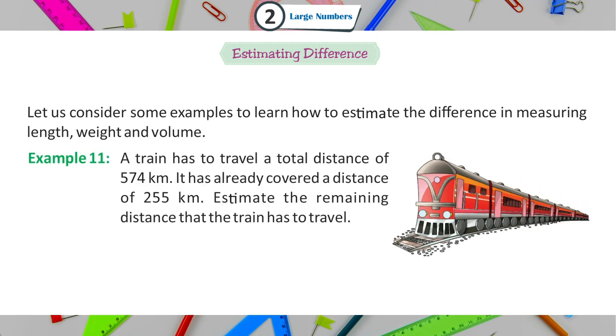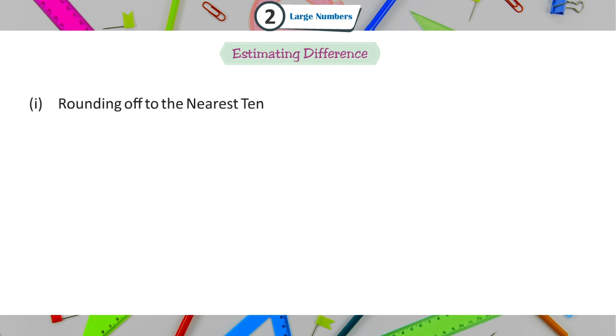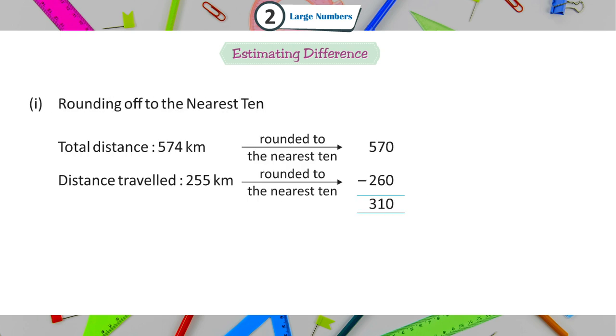Example 11. A train has to travel a total distance of 574 kilometers. It has already covered a distance of 255 kilometers. Estimate the remaining distance that the train has to travel. Solution. To estimate the remaining distance, first we have to round off both the total distance in kilometers and distance traveled in kilometers to the nearest 10 or 100 and then subtract. 1. Rounding off to the nearest 10.